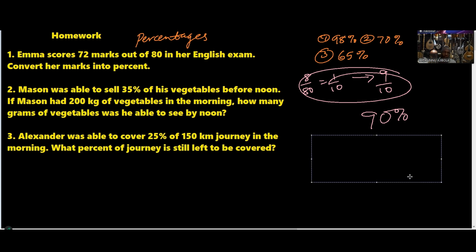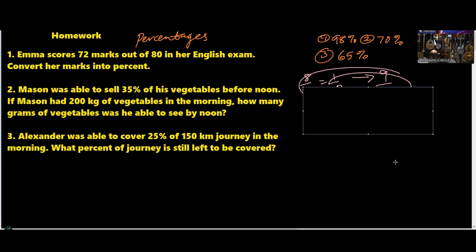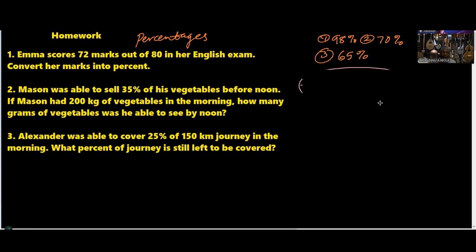So the instruction says convert our marks into percentage. That is, what percent of 80 is 72? And that's 90%. So the solution to number one: what percent of 80 equals 72?